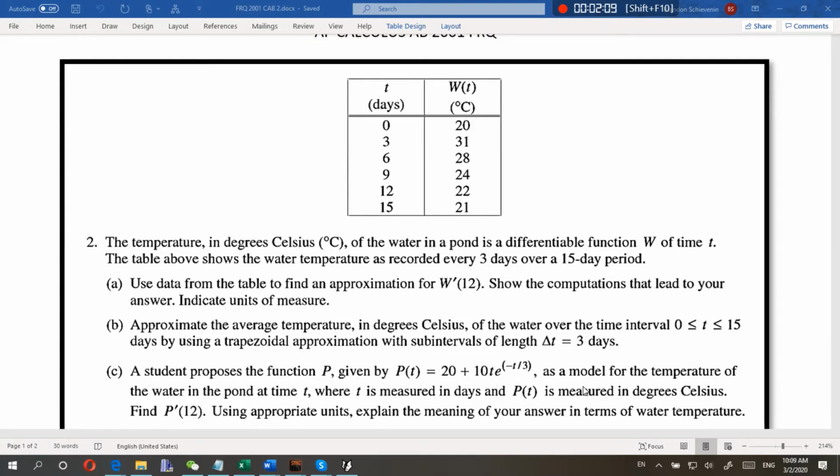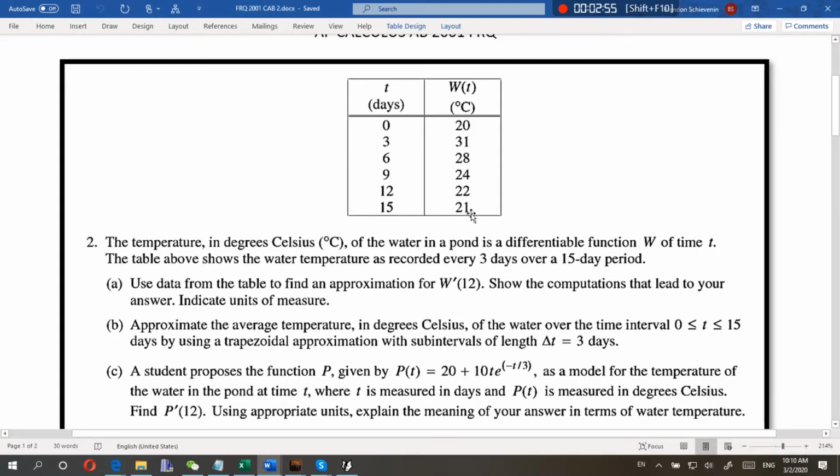So what can we do to find W prime at 12? Do you know any ideas? Okay, again, we don't have a function.